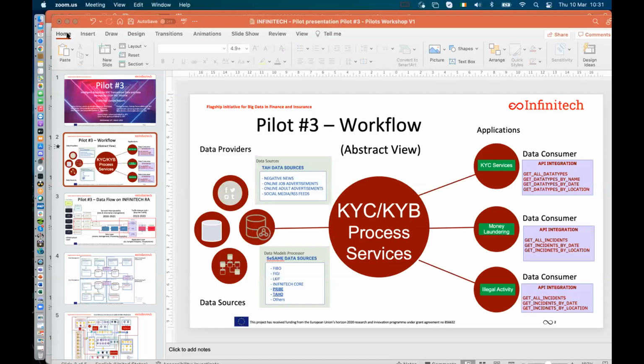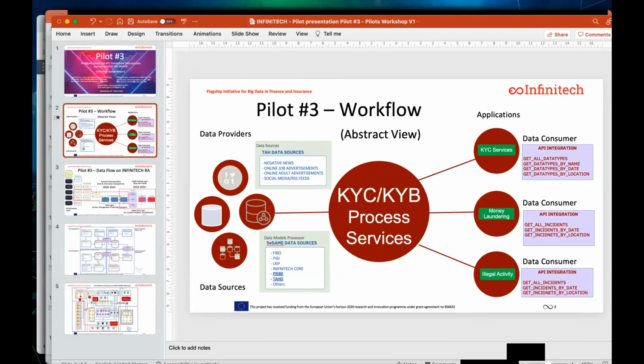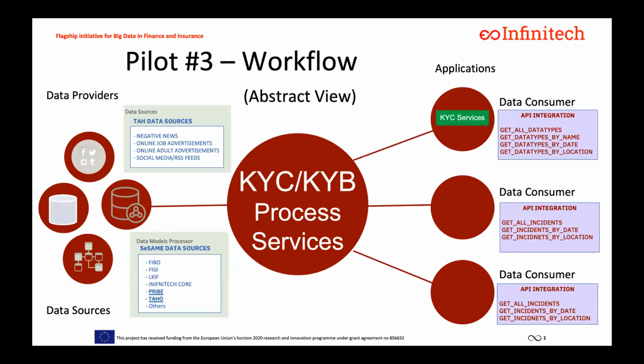Sure, I'm going to continue now with the technical part. This is just complementary on how we're elaborating what Richard has just correctly presented. In this pilot 3, the abstract view of the technology is that on the left-hand side we have some data providers, starting from high-level social media data. We call it negative news, advertisements, adult jobs, feeds in general.